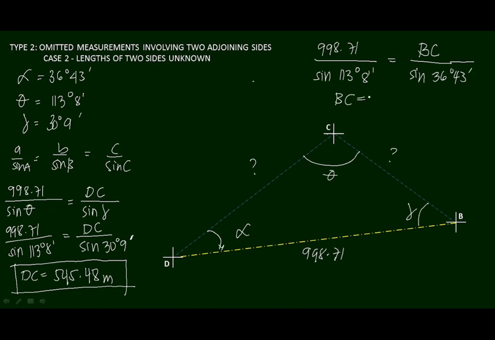Therefore, the length of my BC, 998.71 times sine of 36, 43, divided by sine of 113, 8, that is equal to 649.29 meters. This is now the length of my line BC. Okay, so that is the solution for the problem under type 2, case 2.